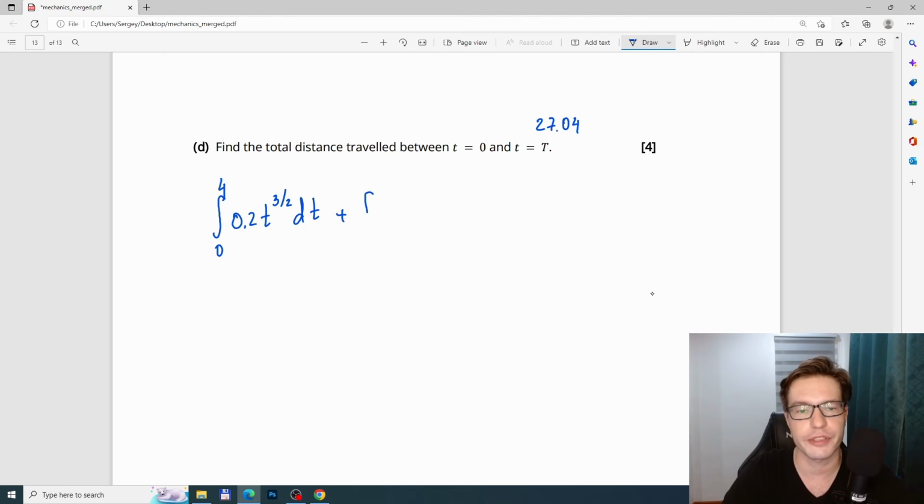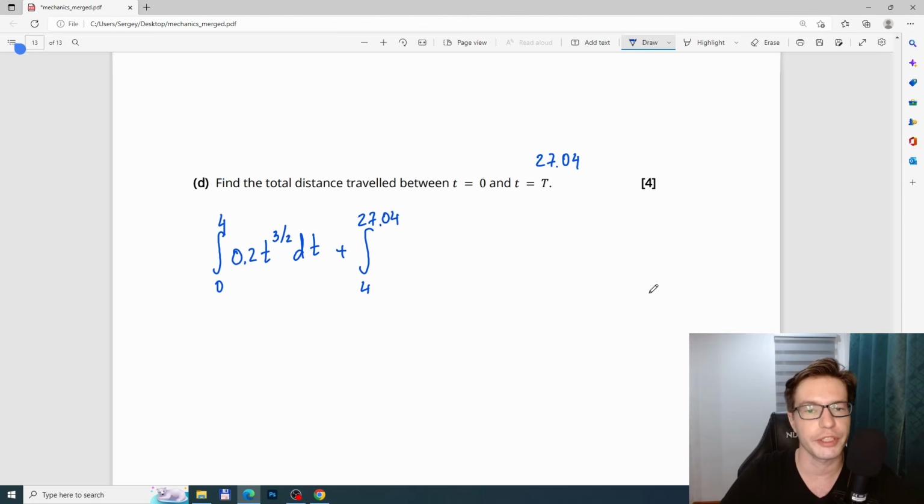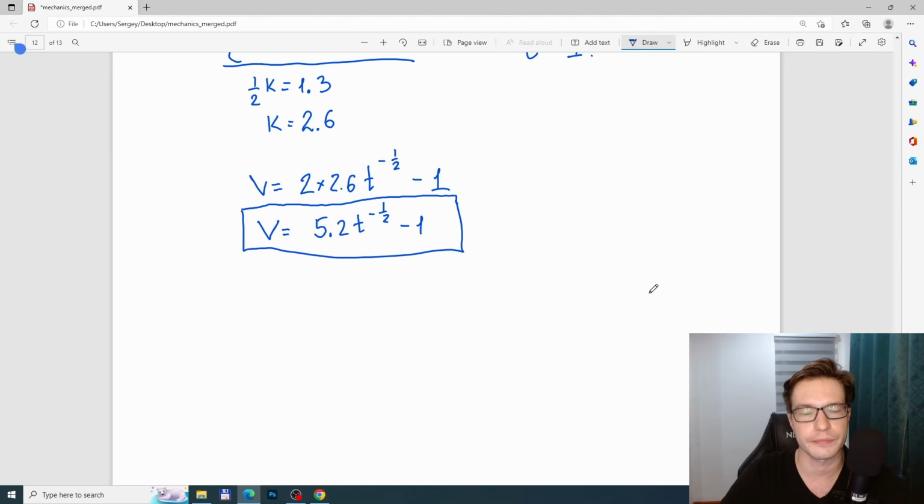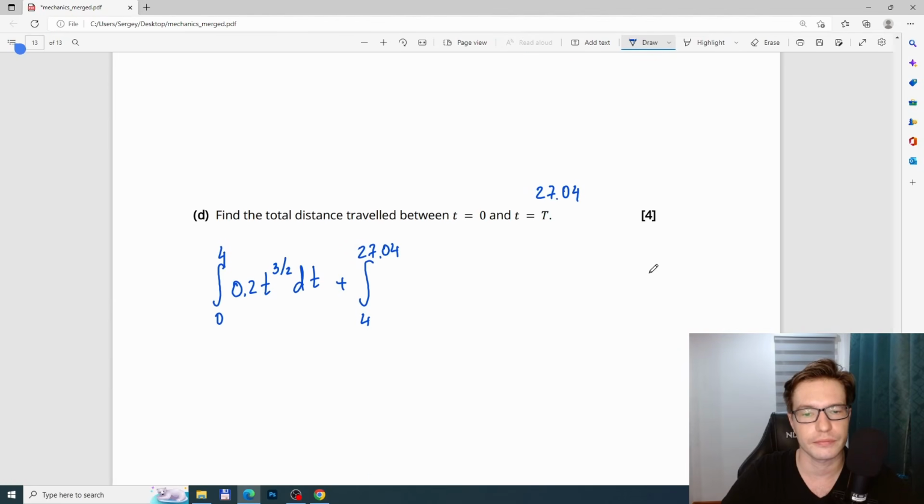And plus, we'll have to integrate the second expression from 4 to 27.04. And that expression is above. As we have seen, it's this one in the frame. 5.2 t to the power of minus 1 over 2 minus 1 dt.